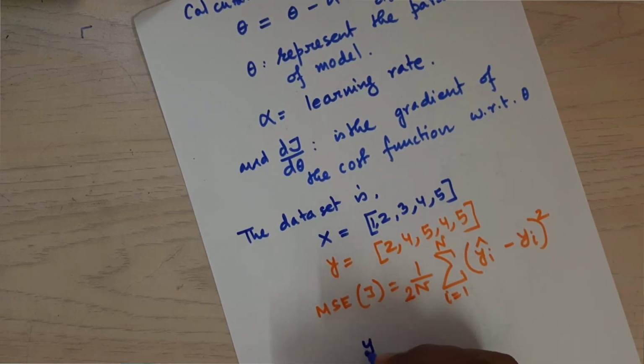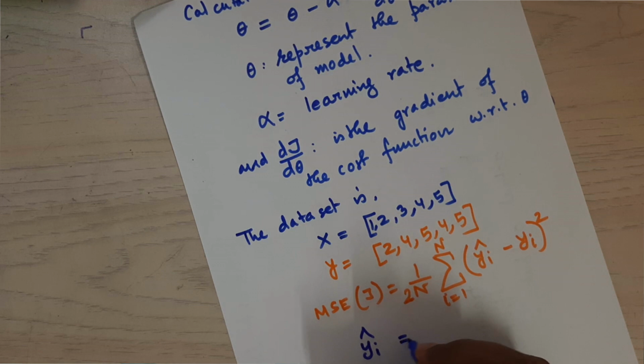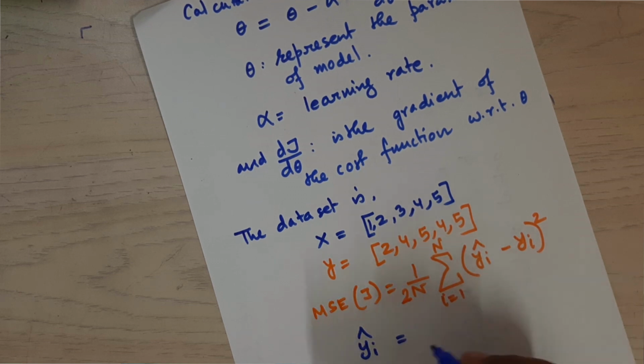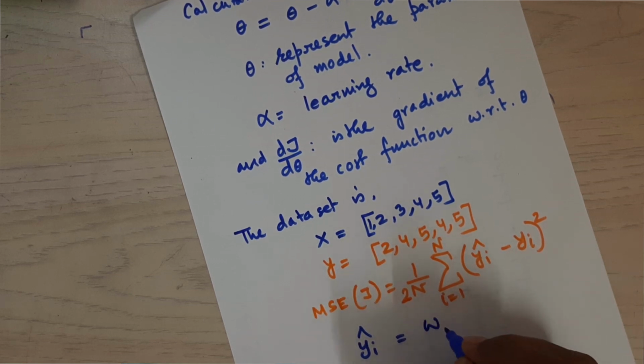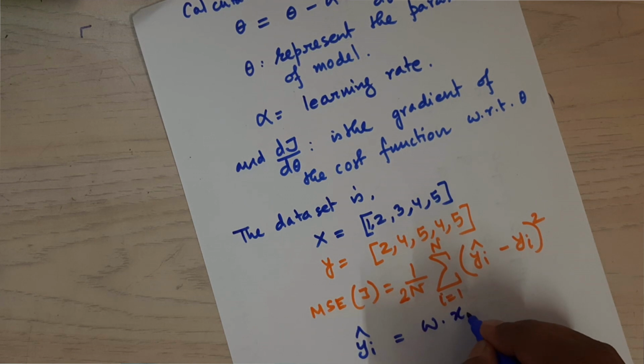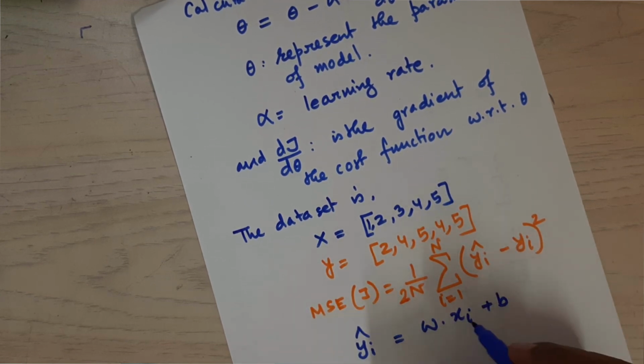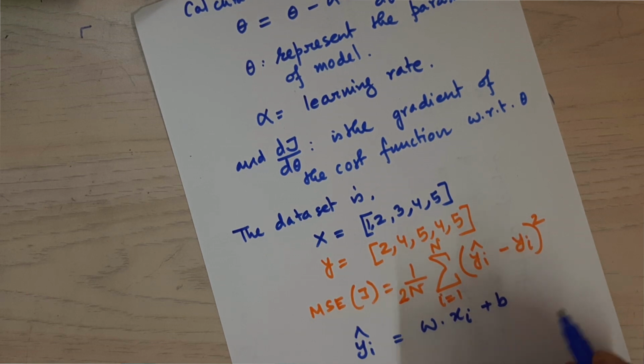Now y hat is equal to, we know, a function of x. So if w is the weight and x is the input and b is the bias, it will be w into xi plus b.